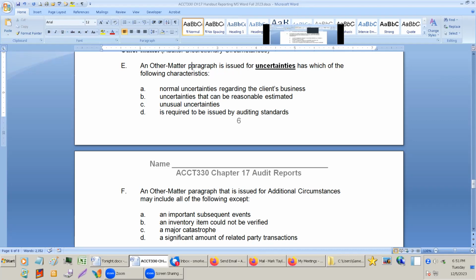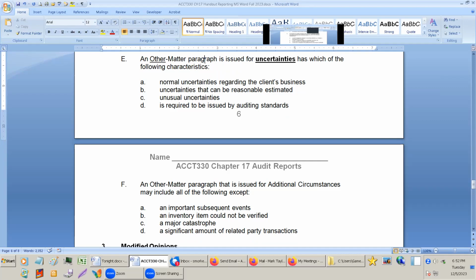They may be difficult to get dollar amounts on, and generally when it's other matter, these are things that are not already reported. So what kind of things do you think you put in there? C? Yep. Good.